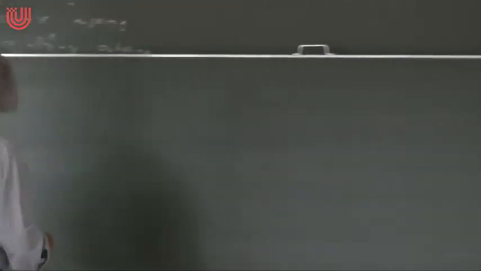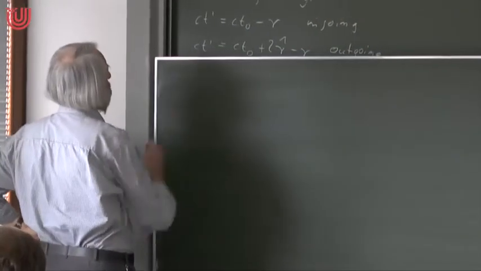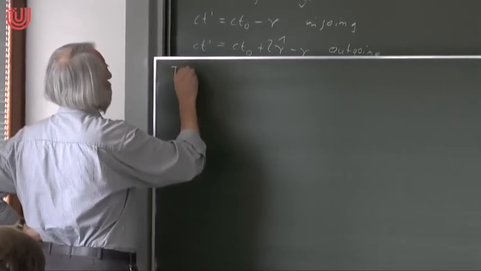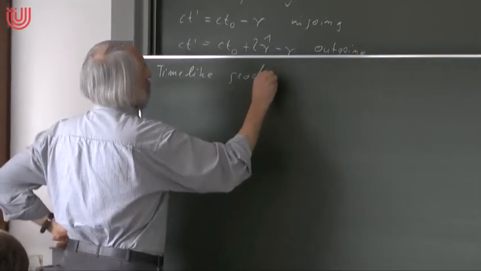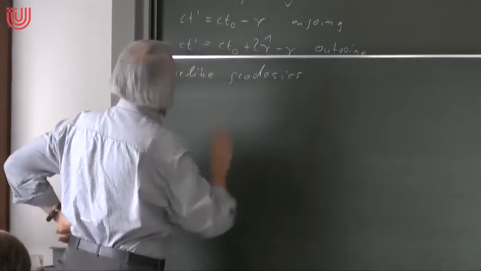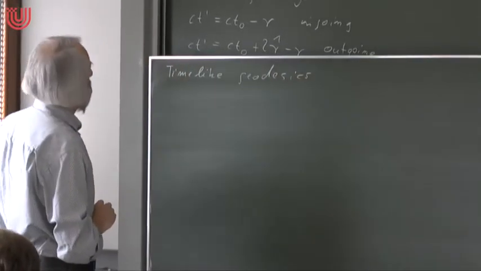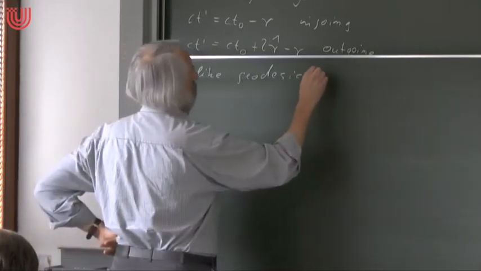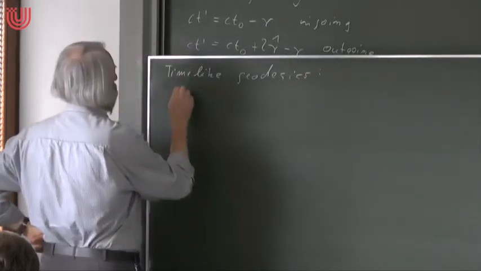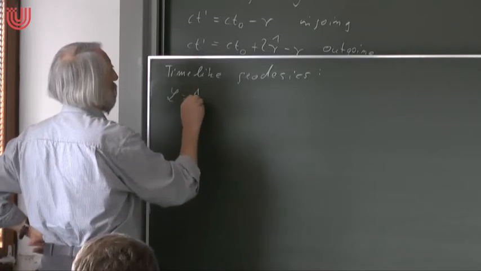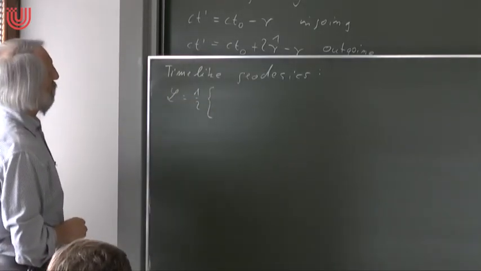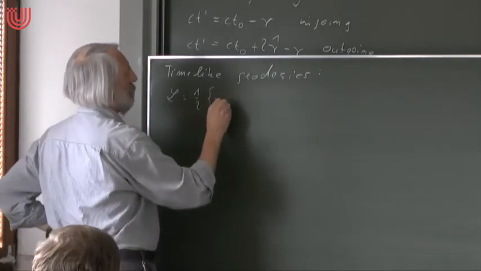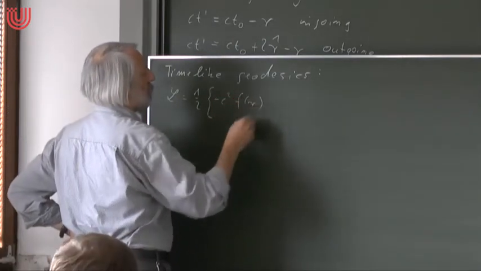Okay, so we need time-like geodesics. And as I said, I will discuss only one aspect, the question of whether I can reach the singularity. So I have this Lagrangian, more or less every time the same thing. I introduce this abbreviation f of r. Let me write this again.